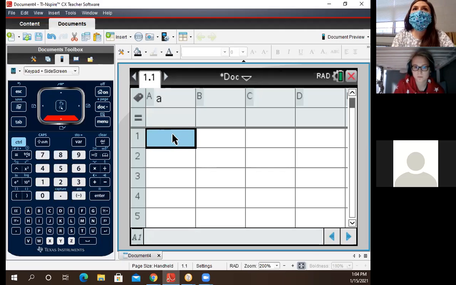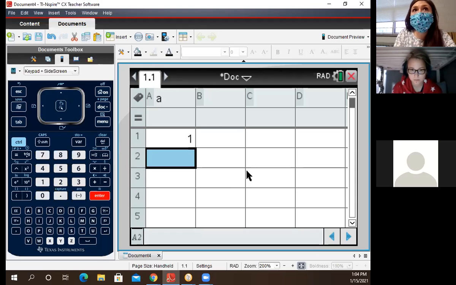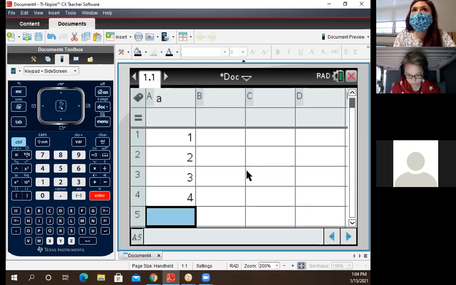And I'm going to come down to this first sort of cell in my spreadsheet right next to the 1. And I'm going to enter all that information from my dot plot. So I had a 1, I had a 2, I had a 3. I'm just going to type all that information from my dot plot. Make sure after you type in each point, including the last number, that you hit enter.